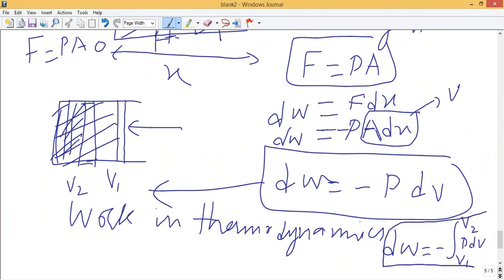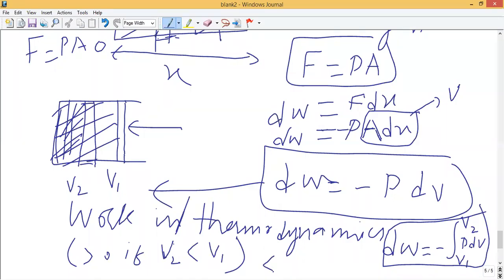So this is work in thermodynamics. It will be greater than 0 if V2 is smaller than V1, and it will be less than 0 if V2 is greater than V1.